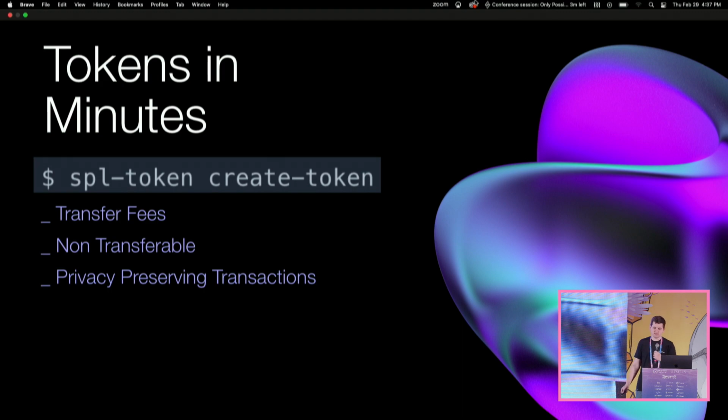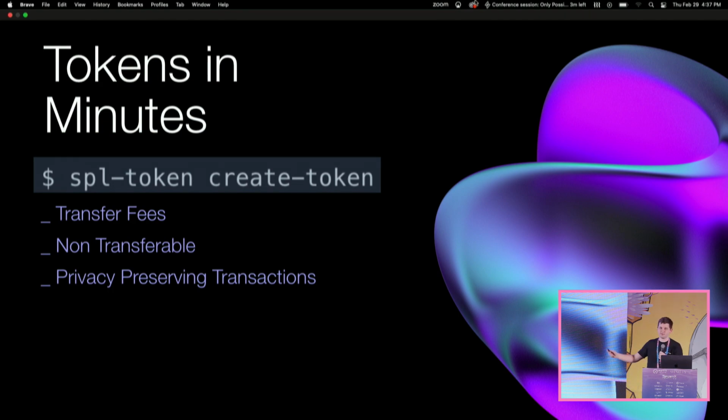And what's cool is that tokens on Solana can have customizable extensions that create custom transfer logic. For example, transfer fees. You can make automatic transfer fees on all your token transfers. This is enabled by default on the token extension program. You can have non-transferable tokens with just a simple transaction.